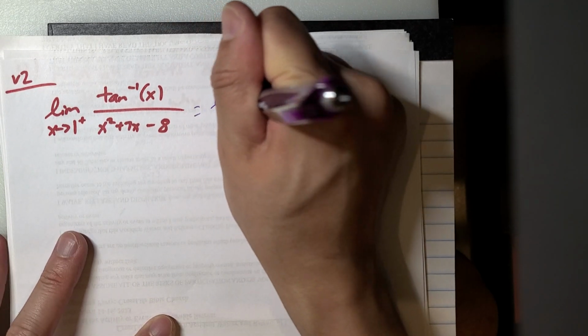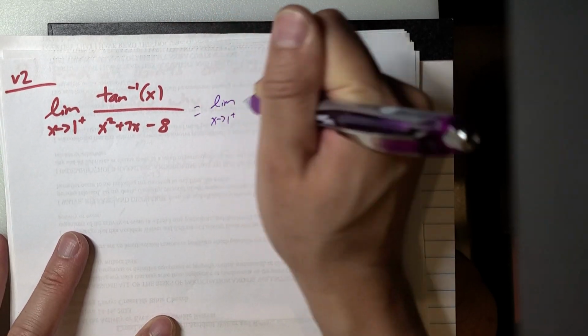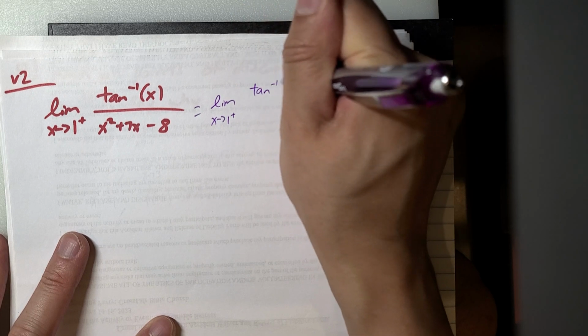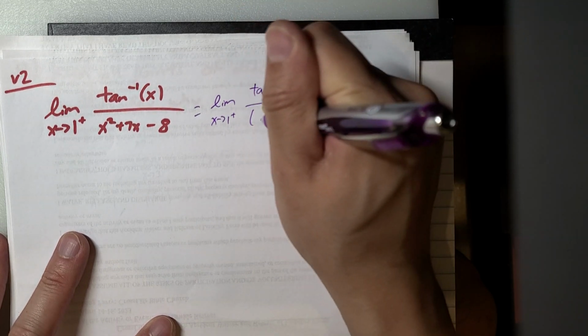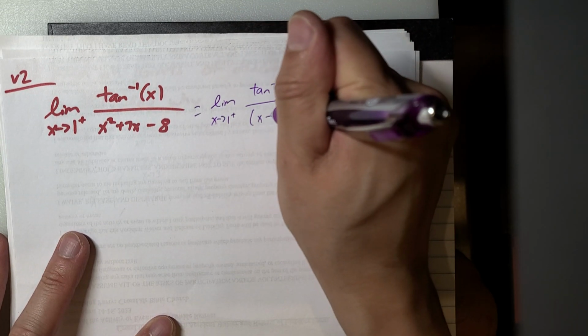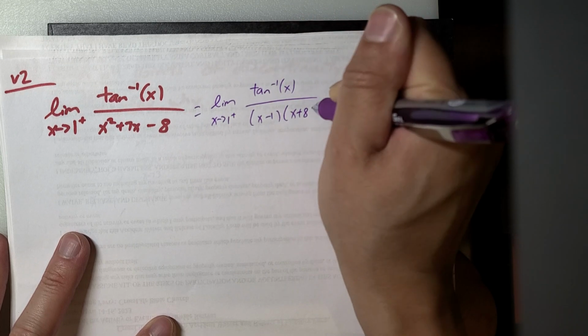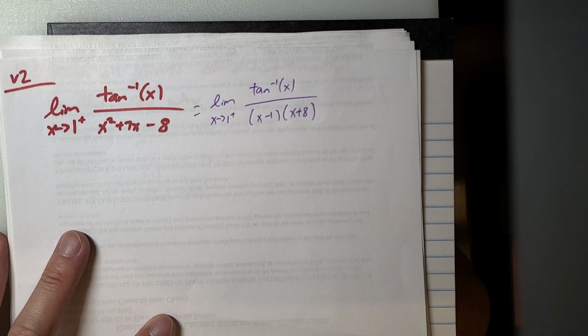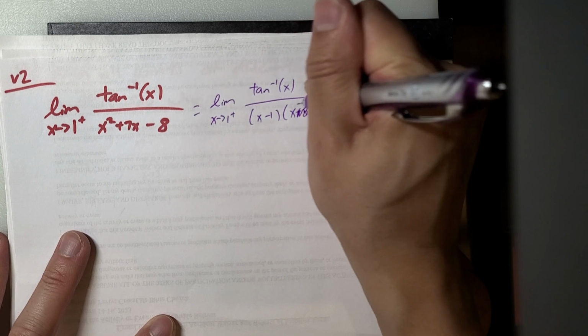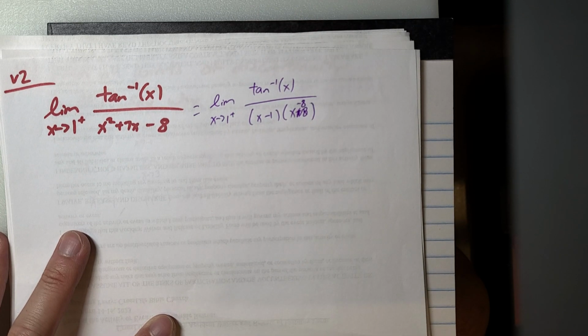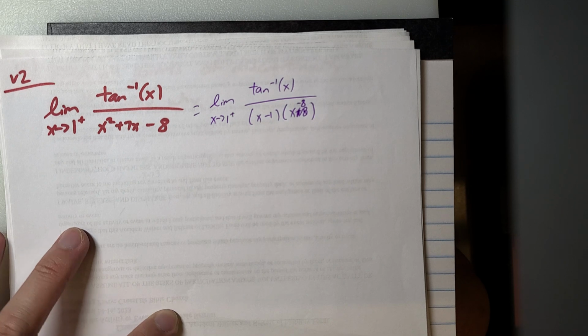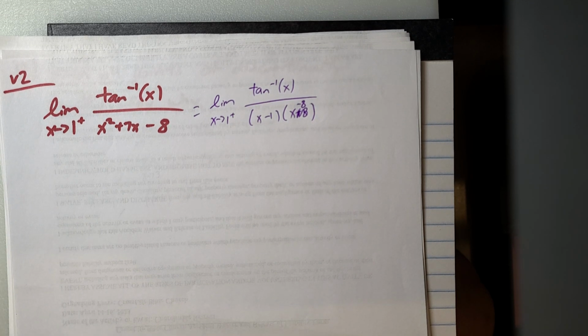Now again, we have to figure out if it's going to positive infinity or negative infinity. So let's rewrite the bottom to help us out. If we factor it, that will be x minus 1, x plus 8. Sorry, x minus 8? That doesn't look right. Let me see if I wrote the problem correctly.